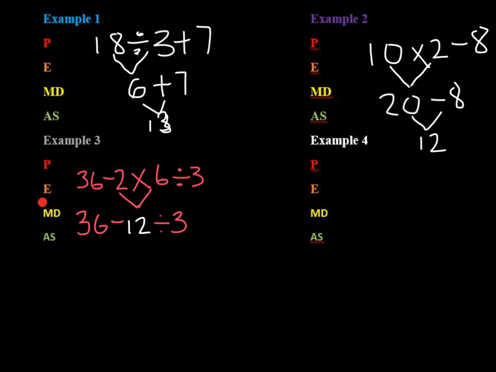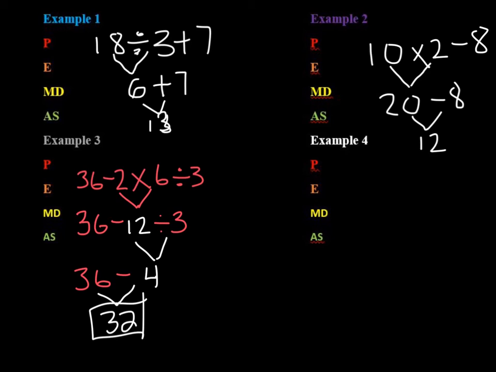Look again. Do we have multiplication or division? Oh, look, we have division right here. Let's finish that before we go to the next piece. So 12 divided by 3 is 4. Copy the rest down. 36, take away 4 is 32. And 32 is your answer.